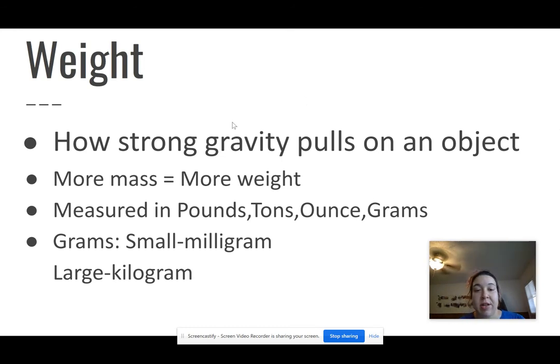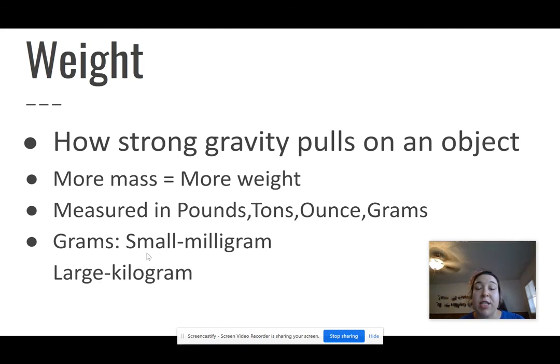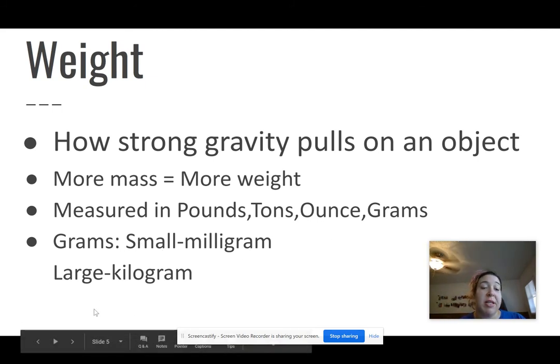As you can see here, I'm going to introduce you to these prefixes. We will be using grams. For small things, use milli. It'll still be grams, but we'll just put a different prefix in front of it. So milligrams is something that's smaller, whereas if we're measuring something a little bit larger, we're going to use kilo.